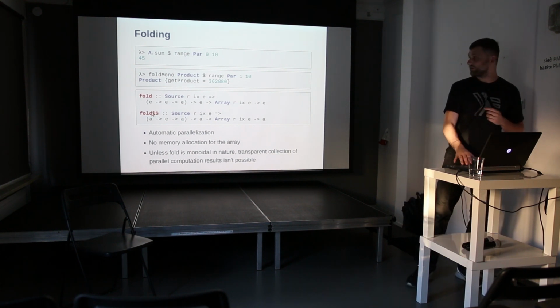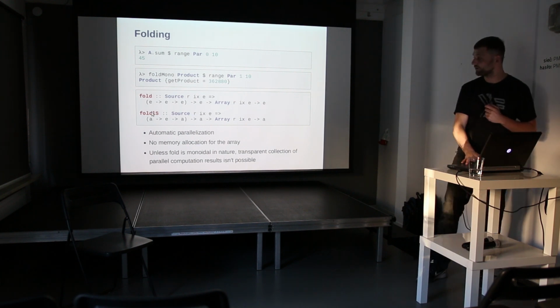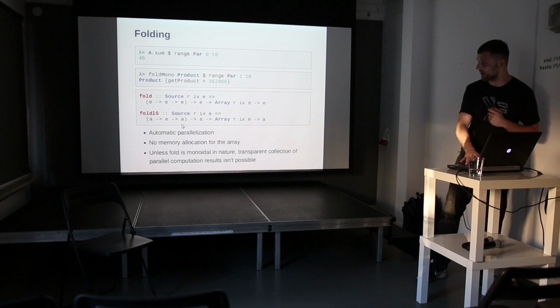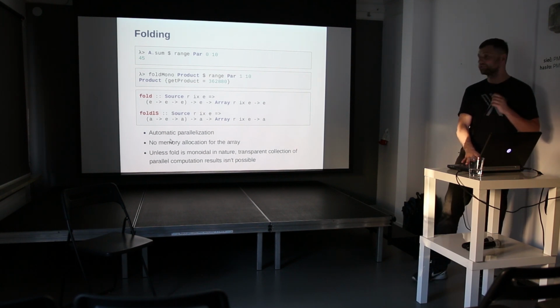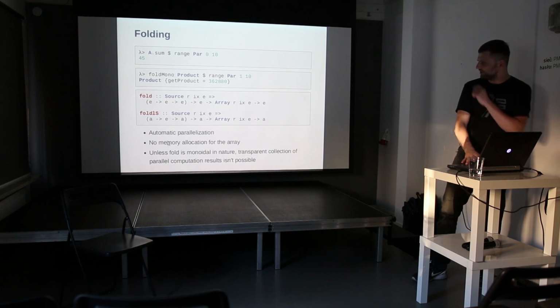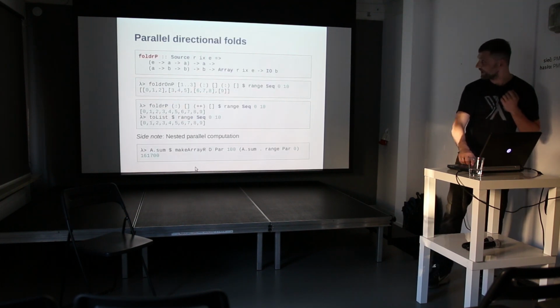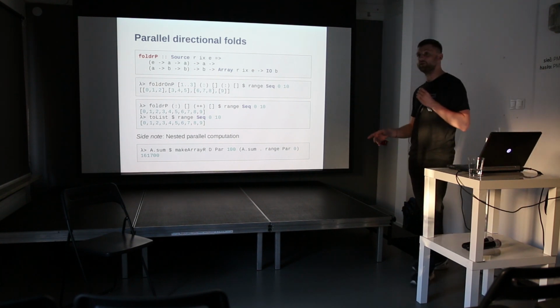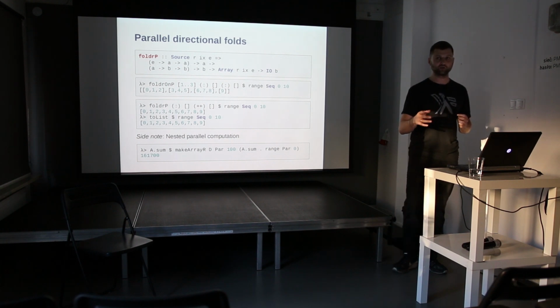And that's exactly also the reason why we have separate functions for structural fold, as you can see from the type signature. We can see a direction left and a direction right, and we cannot automatically parallelize those. As I mentioned, there is no memory allocation. For that reason, we have foldP, which allows you to do a structural fold in parallel as well.